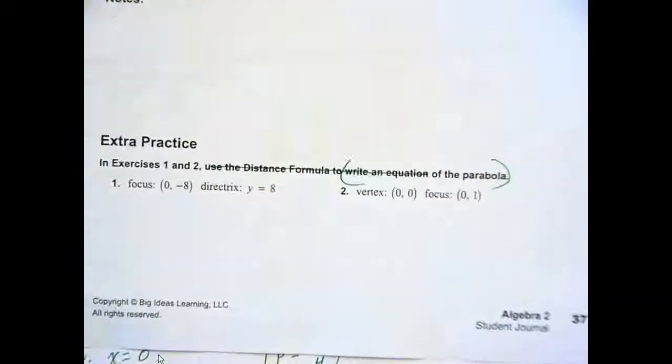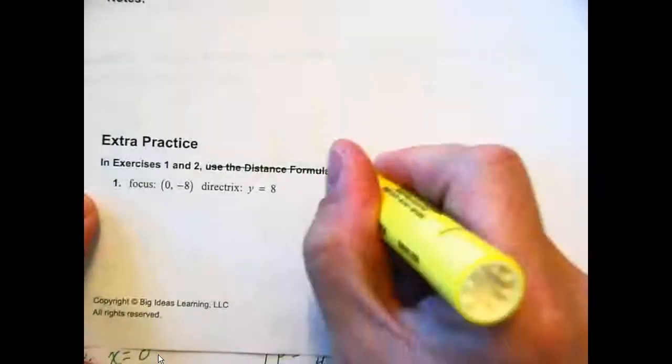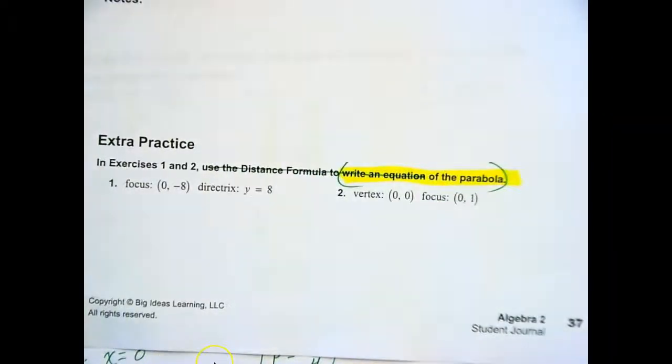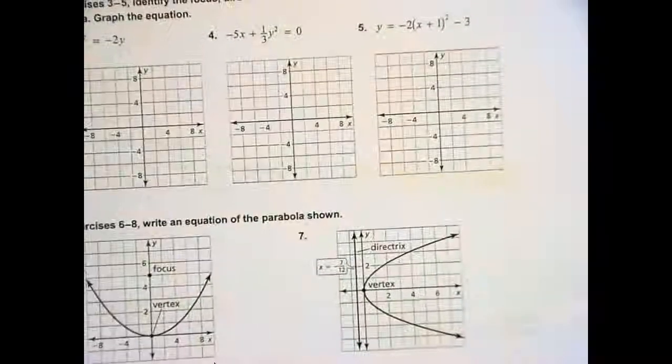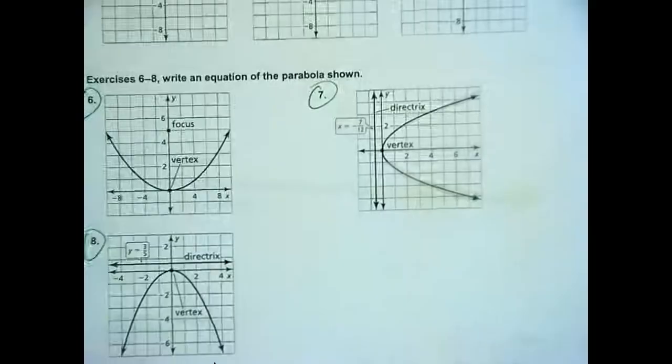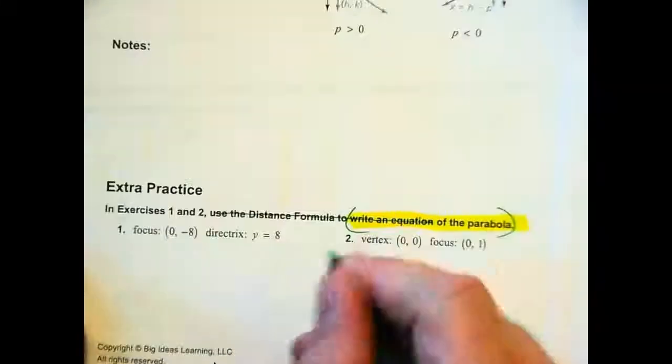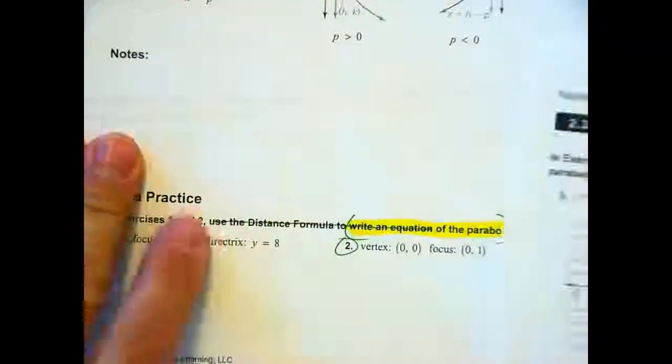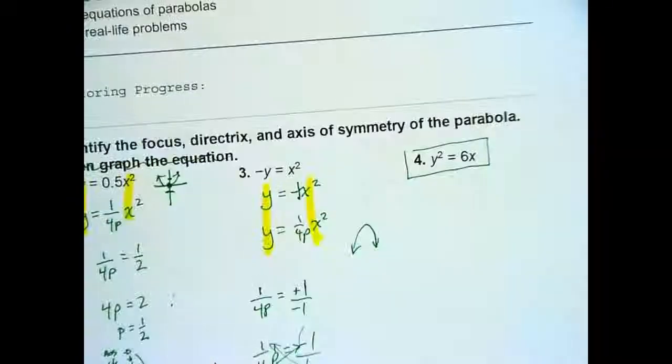Okay, number 1 and 2, and then take a look at the next page. I want you to complete number 6, 7, and 8. 1, 2, 6, 7, and 8. Okay? All right. Very good. Good job today. Stay with it. Student Journal 1, 2, 6, 7, and 8 today.